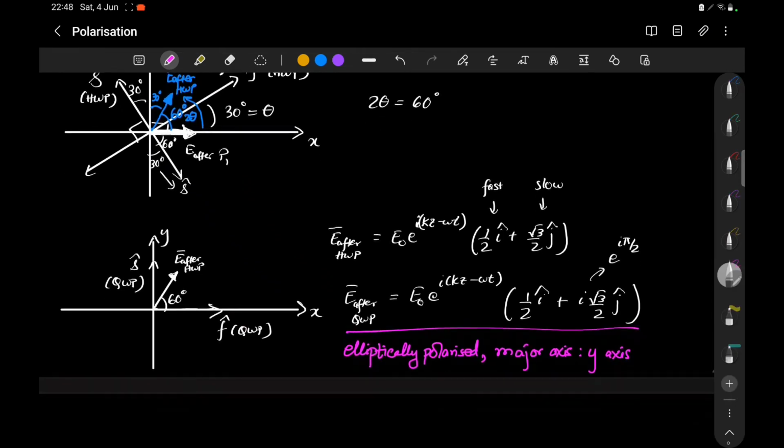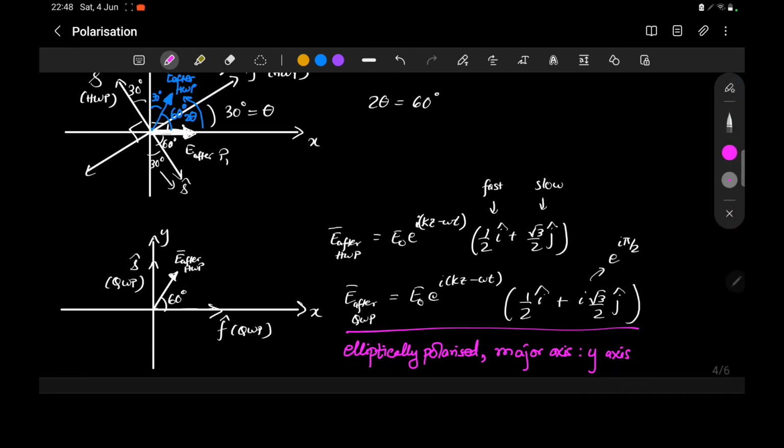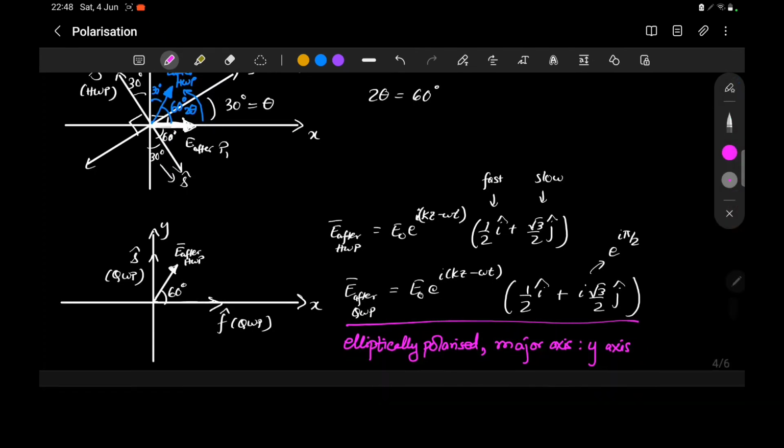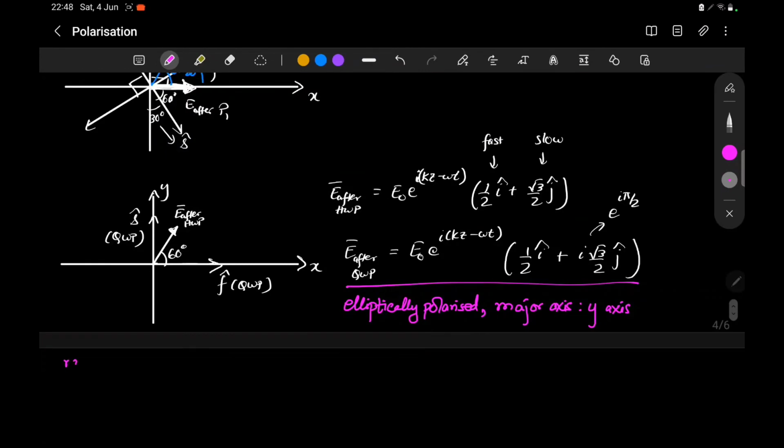And the ratio of major to minor axis, in this case, is root 3 over 2 divided by 1 by 2, which is root 3.